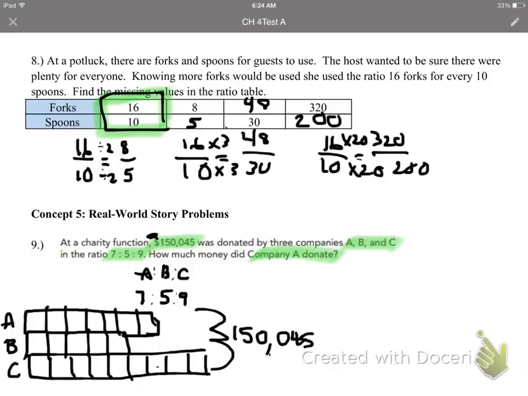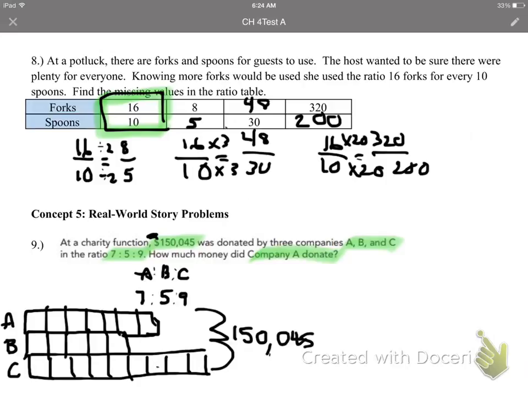Now, I think drawing the picture is the key. The first step was to draw your picture. The second step is to identify what's given. I know the 150,045 is the important part, and I know that it represents all of those boxes. So 7 and 5 is 12.